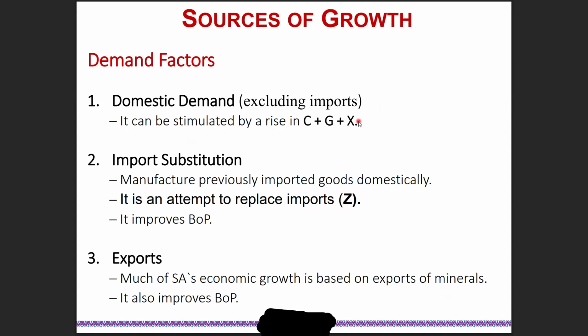So it's not domestic demand, but it's the demand of foreign goods, foreign products. So we exclude that here because we are focusing only on the domestic demand, right? We want to see what is being demanded in South Africa, right?